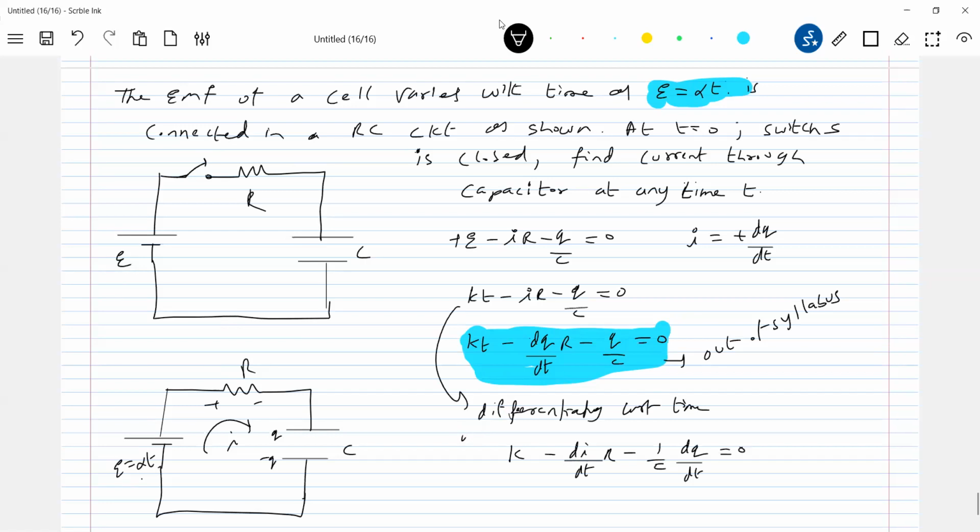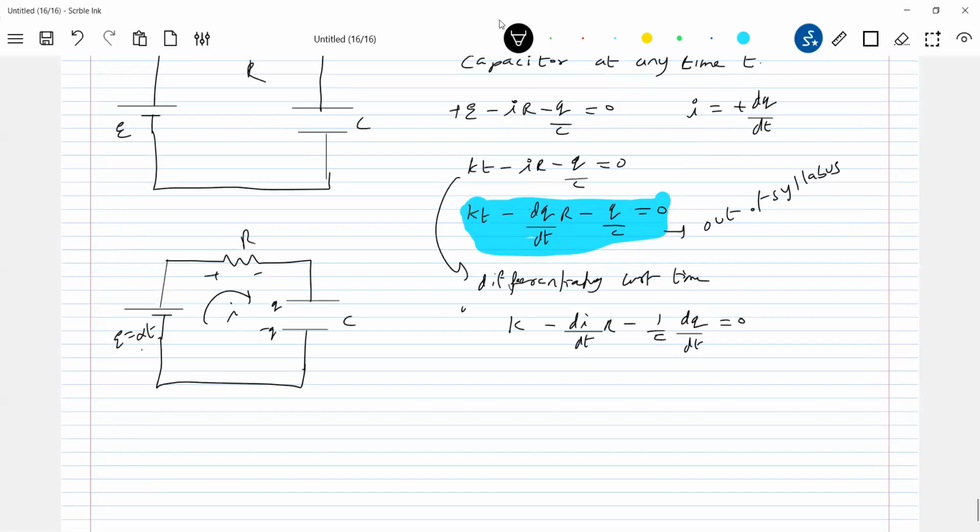So what is dq by dt? We can go for replacement now: K minus I by C equals R di by dt. I think this can be integrated. Multiplying by C: KC minus I equals RC di by dt.